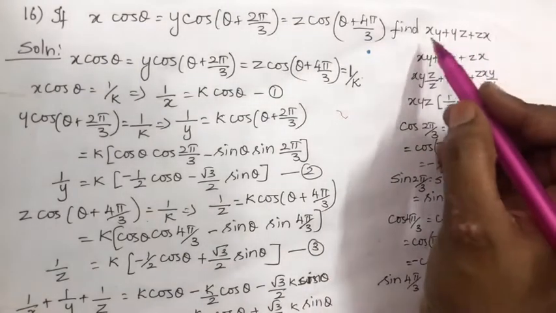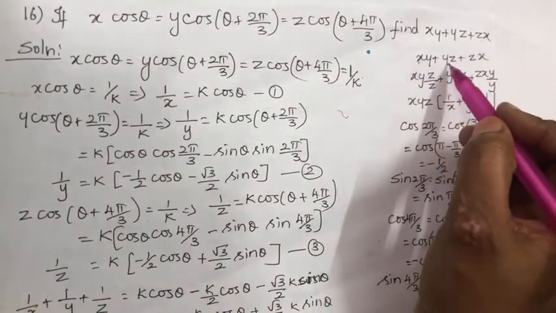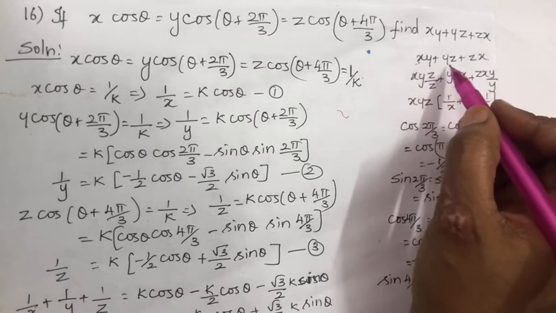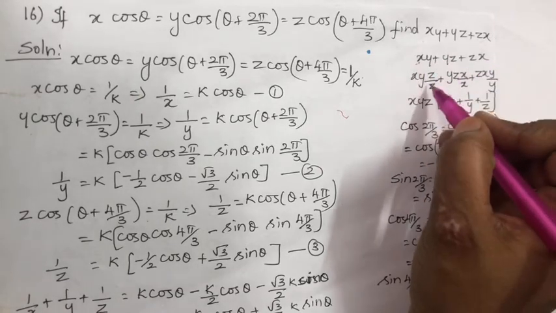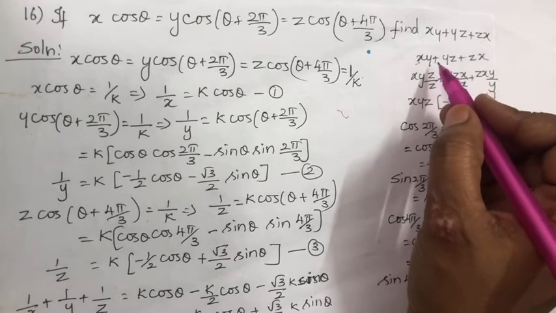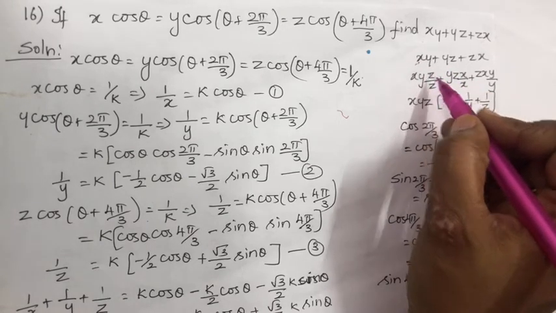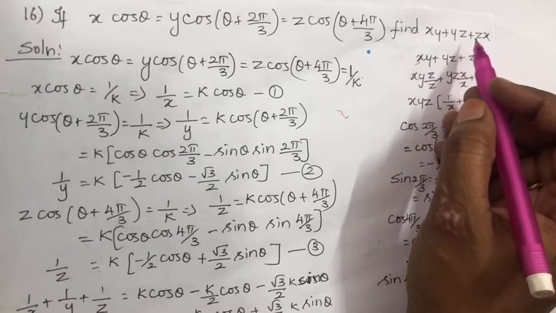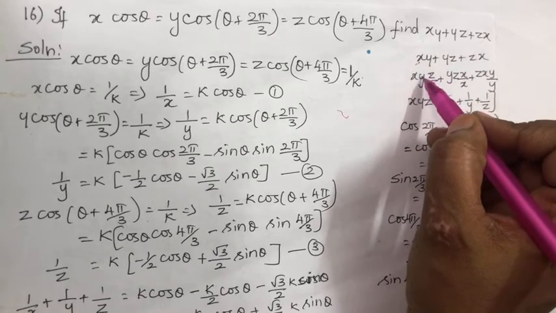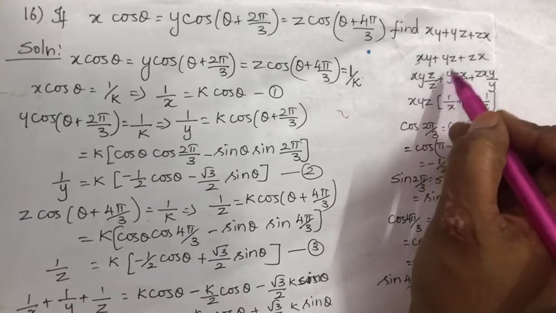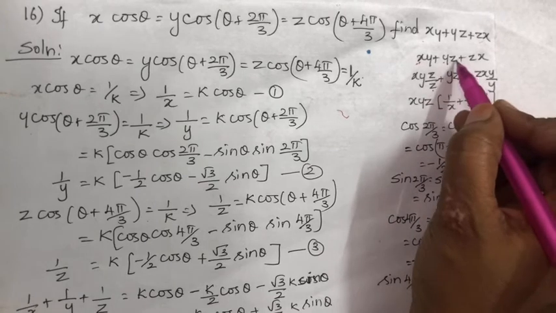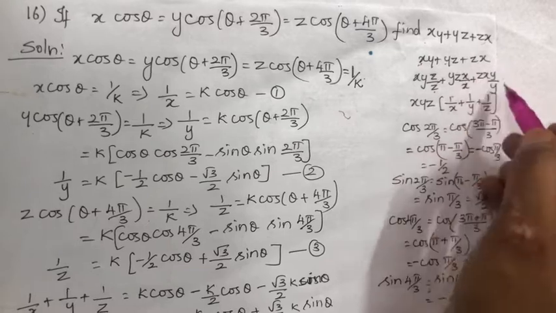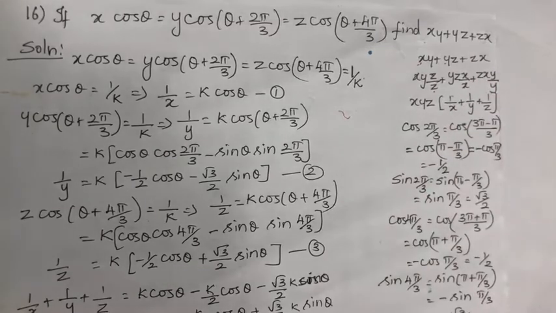Okay, now let's take this expression xy plus yz plus zx. In each and every term I am going to multiply and divide by the remaining constant. There are 3 constants here, x, y and z. So xy into z by z plus yz into x by x, since x is missing there, plus zx into y by y, since y is missing.